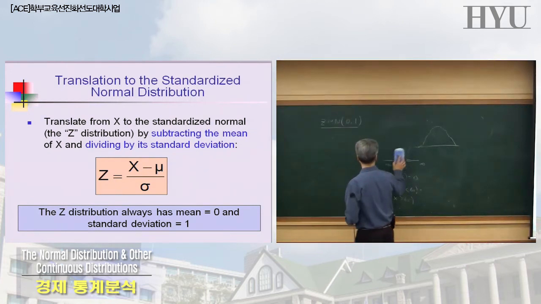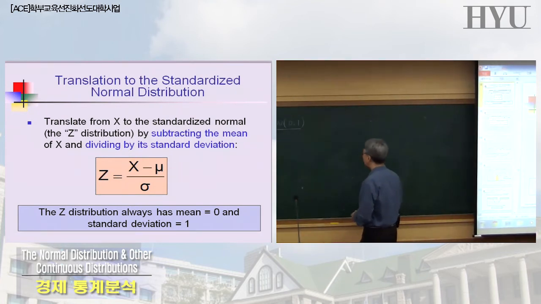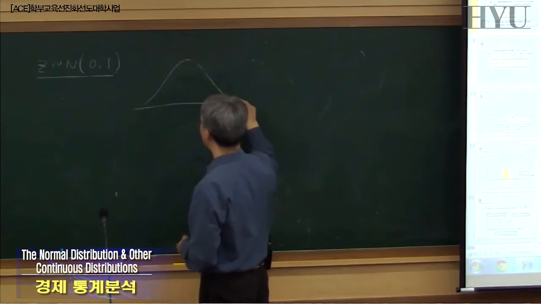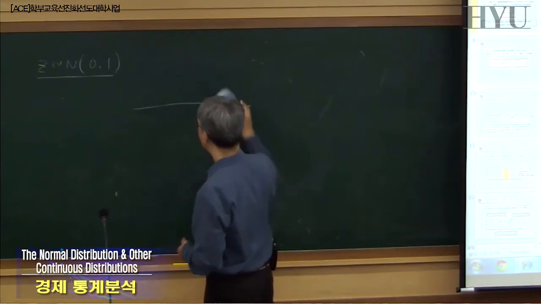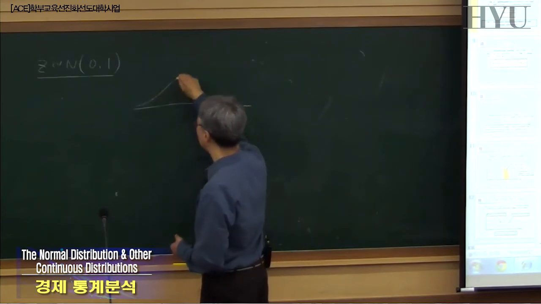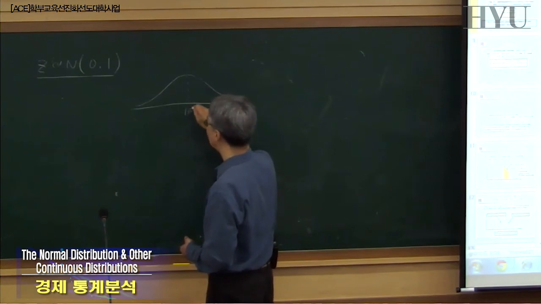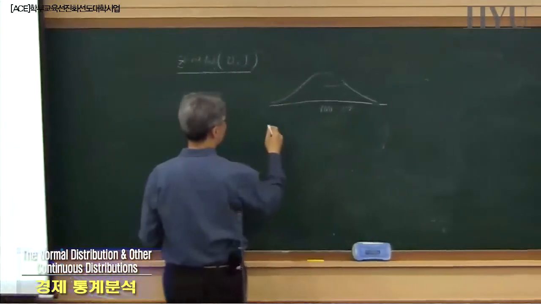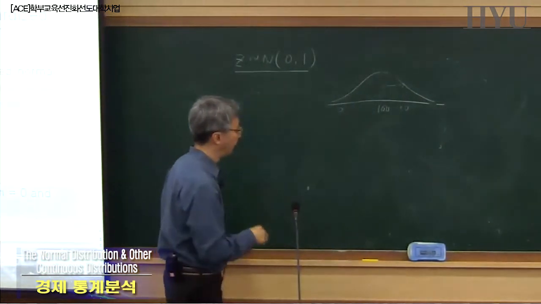Well, let's say we have a certain distribution here. Let's make it a little wide, with a mean value of 100 and a standard deviation of 50. So in this scale, the 0 will be somewhere here.